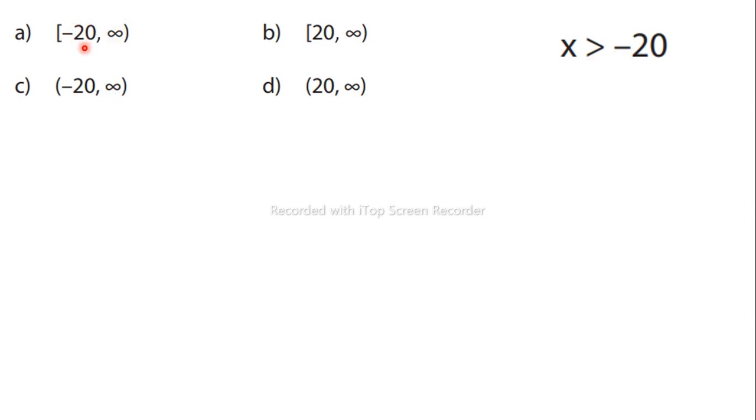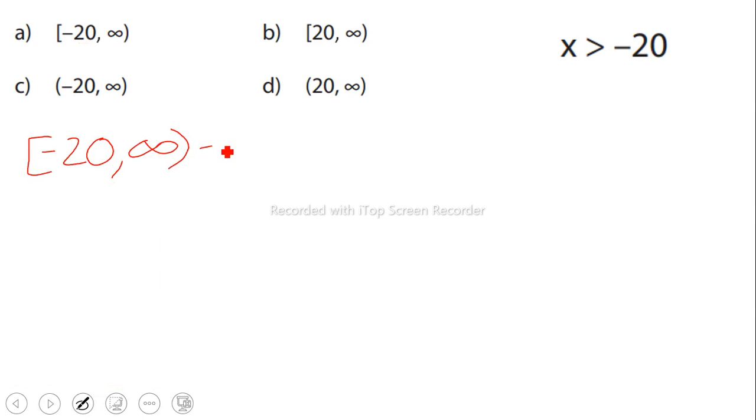So let's look at A. Well, this is saying, hey, listen, start at negative 20, because we have the square bracket.